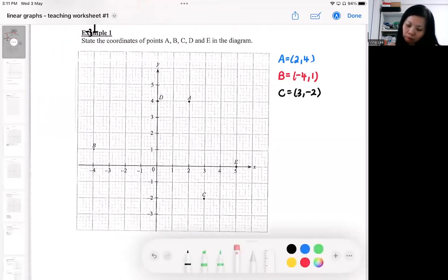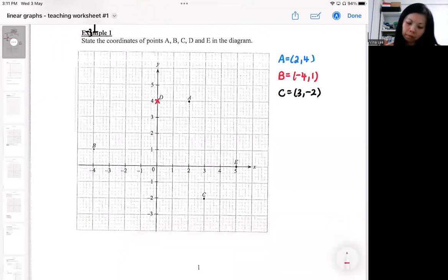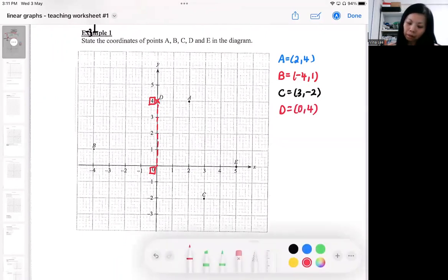The next one: when a coordinate is on the y-axis, how do you do the dotted line? You realize that x will be 0, and then y will be 4. So D will be equal to (0, 4). But it is still x first and then y.